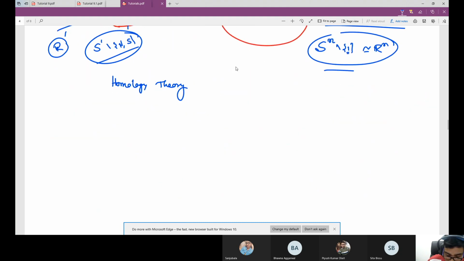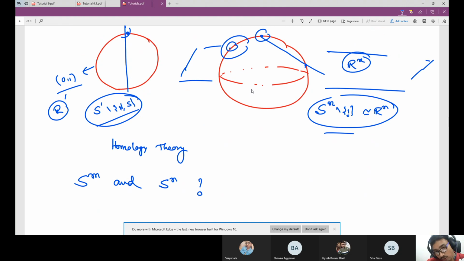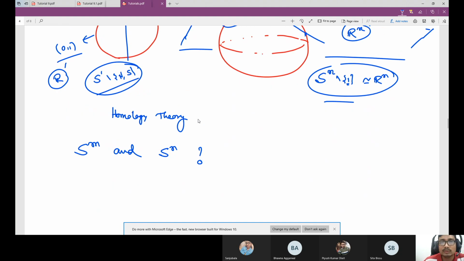But what if your spaces are say Sm and Sn? Then how do you distinguish them? The tools you have in your hands from this course may not be able to provide the solution of this problem. Or even if they are able to, it will be very difficult.